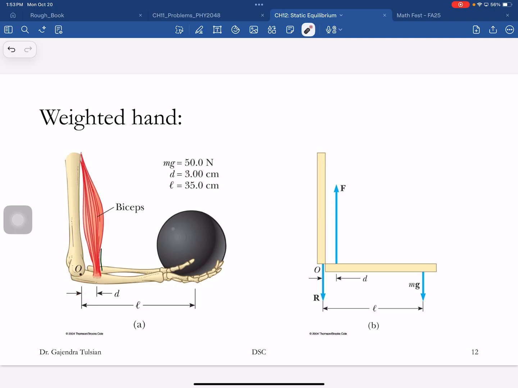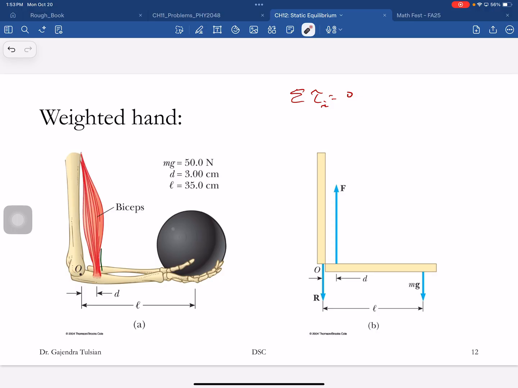In this case, if the arm is at rest, that means the sum of the torques is 0. This weight about this pivot point is turning the arm clockwise. The torque is negative, and this force is turning the arm counterclockwise. That's a positive torque.